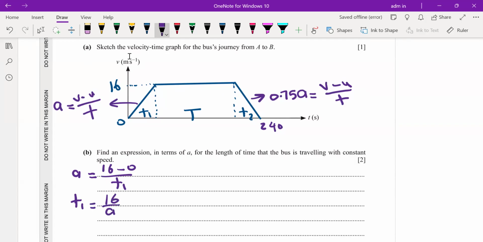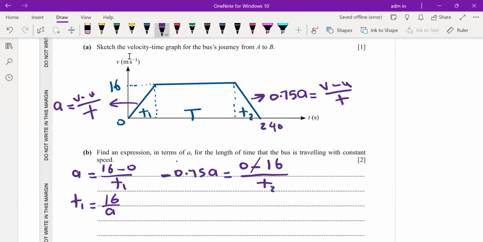In the same way for the second part, acceleration 0.75 A is equal to V minus U over T. Write it negative because it's a deceleration, and the final velocity is 0 minus the initial, which is 16, divided by T2.